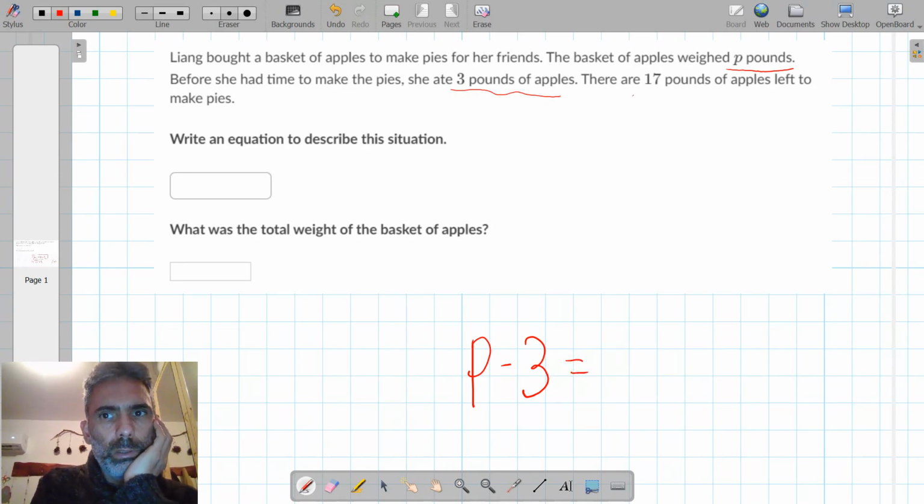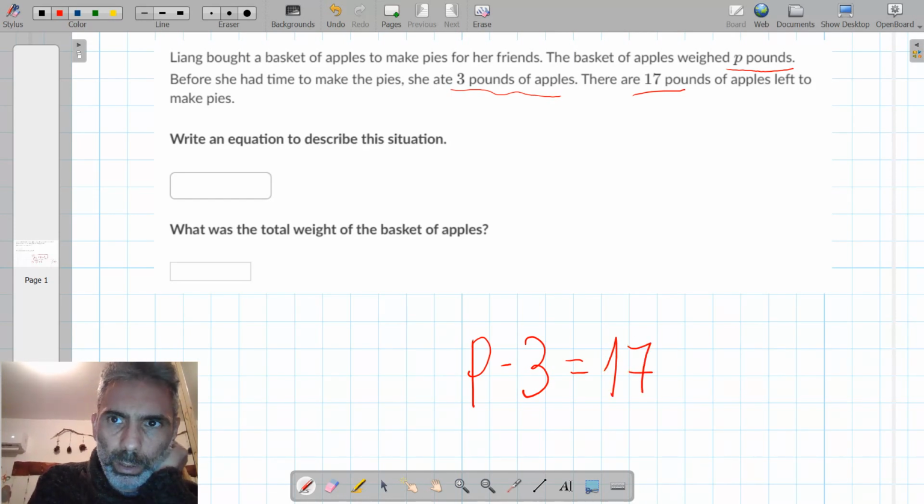And we are now left with 17 pounds of apples. So it means that the initial weight of the basket minus the amount of pounds that she ate equals the number of pounds that are left in the basket. So this is the equation.